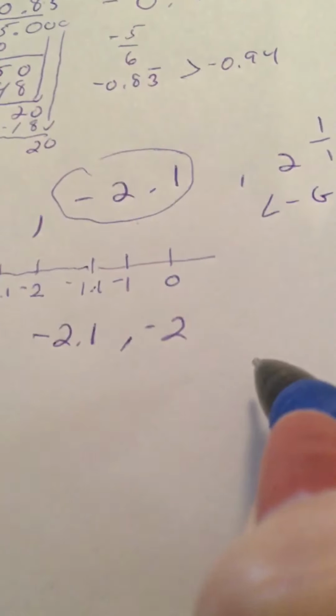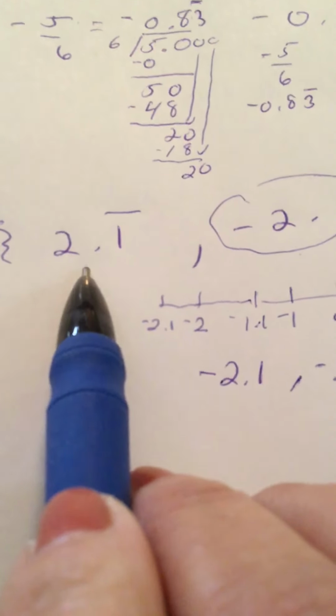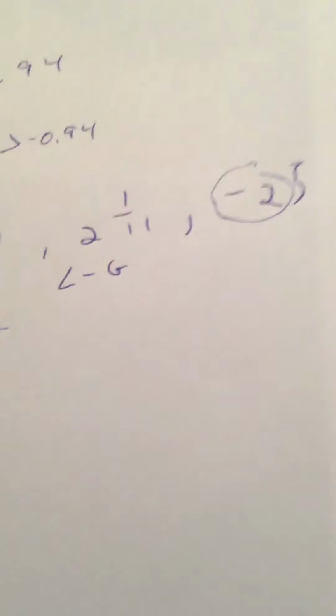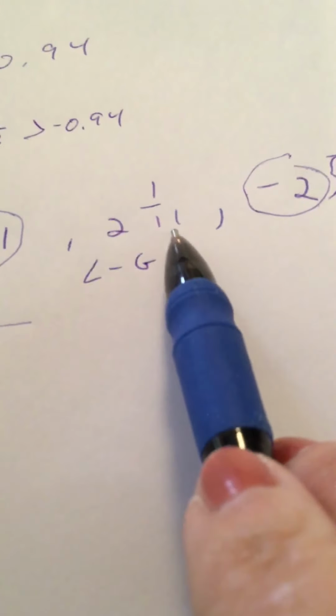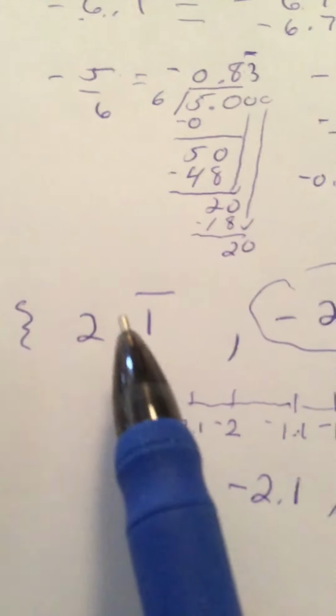But now I have 2.1 with bar notation, and then 2 and 1/11. I need to see if this one is going to be after or before this one. So let's look at it.